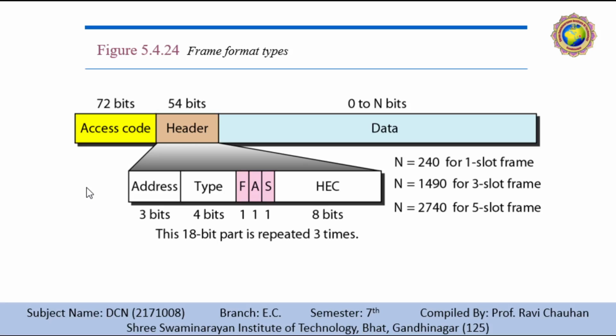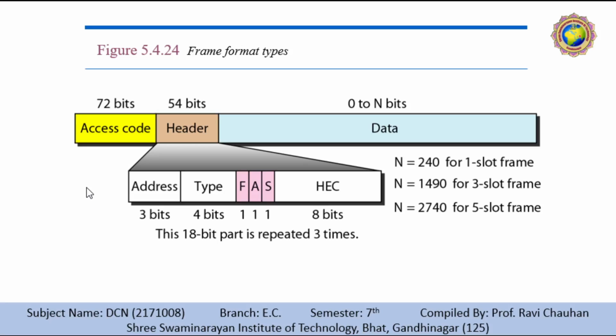However, in a 1 slot frame exchange, 259 microseconds is needed for hopping and control mechanism. This means that a 1 slot frame can last only 625 minus 259 is equal to 366 microseconds.